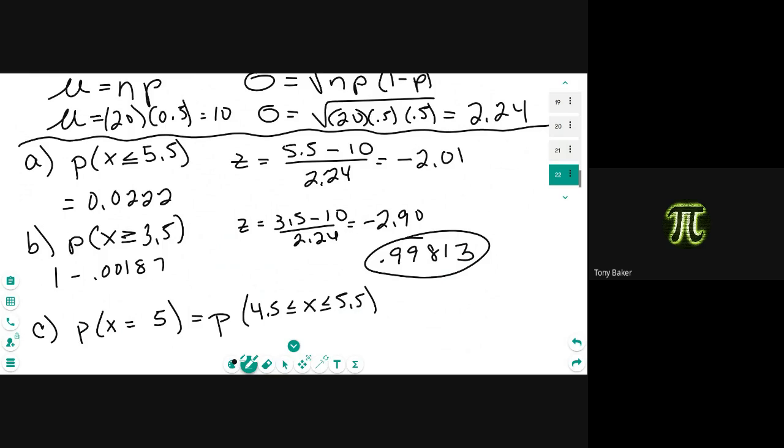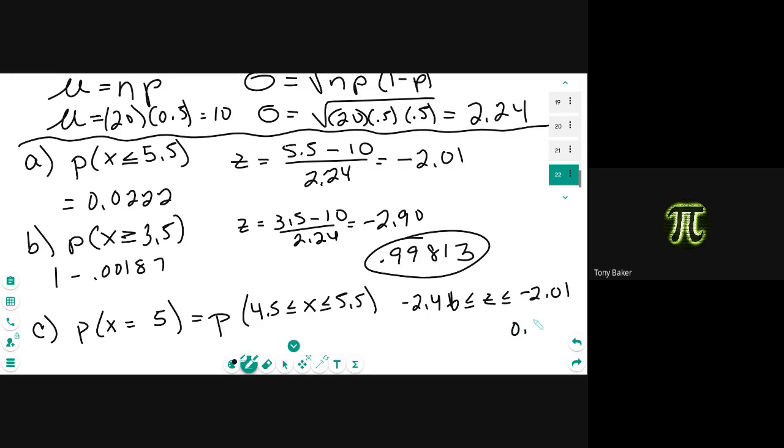2.46. And we already know the probability for, oh no, that's less than it.